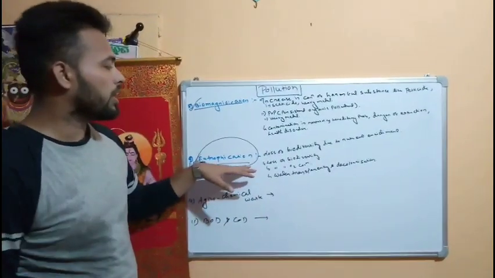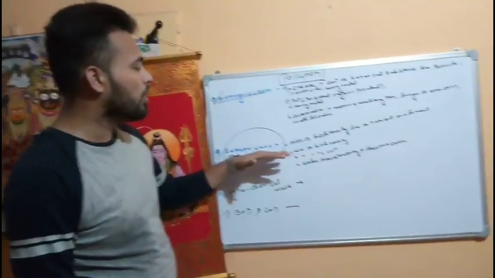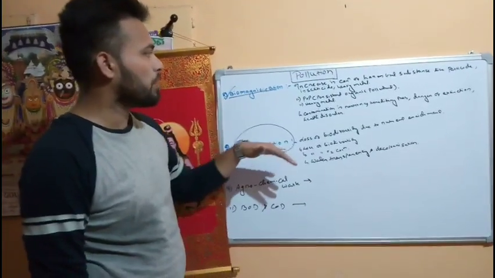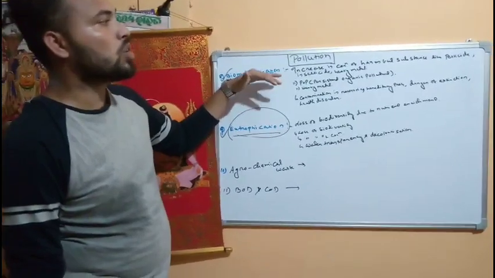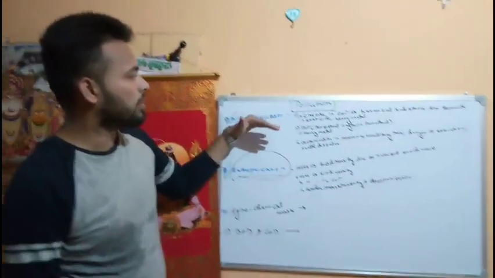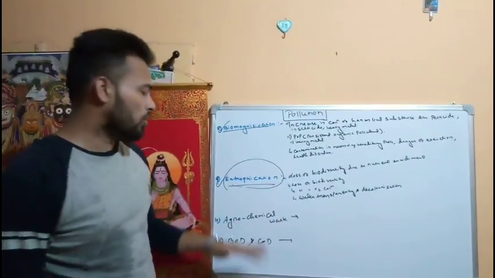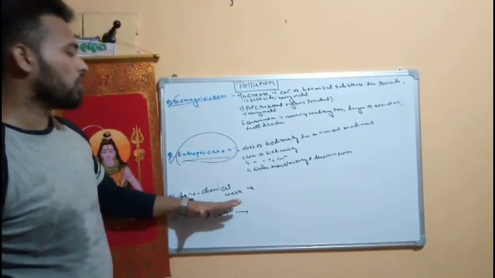If we check the chemical level in the water, then eutrophication can be checked. And if we check the addition of harmful substances in the water, then biomagnification can be checked. In this way, we can check biomagnification, eutrophication and agrochemical waste.